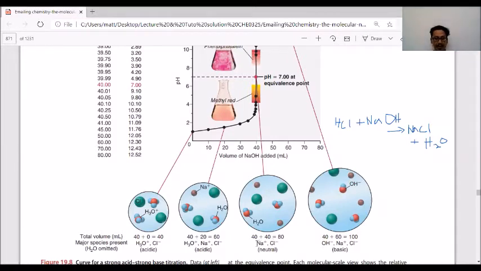So sodium ion is cation of strong base. Cl minus is anion of strong acid. So of course here it creates neutral salt solution. Okay. Before that of course acidic. Before equivalent point is acidic, because you still have remaining hydronium ion present.